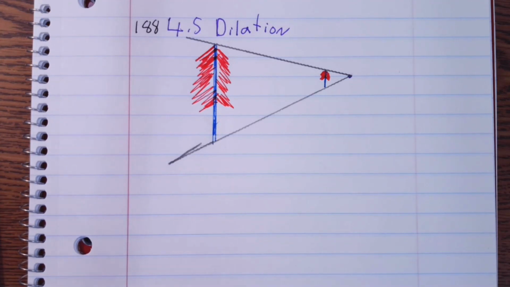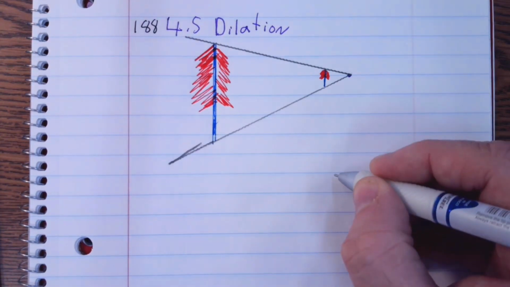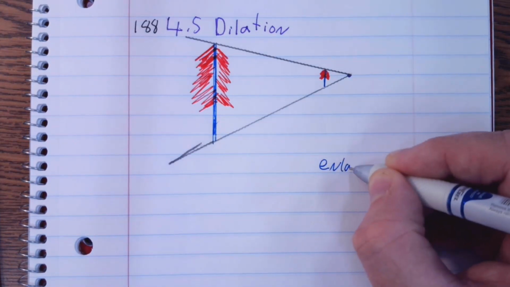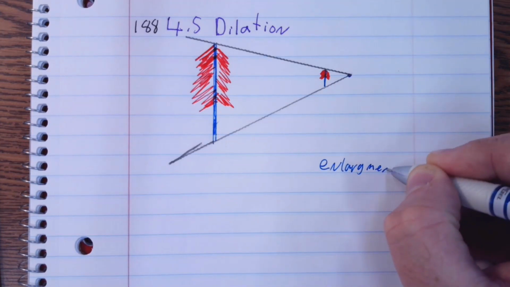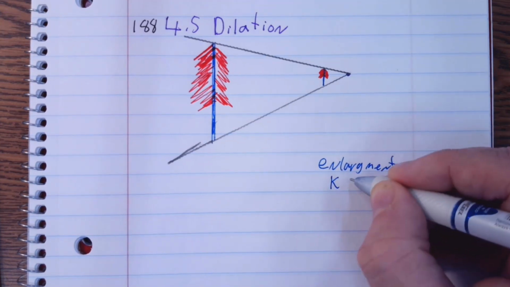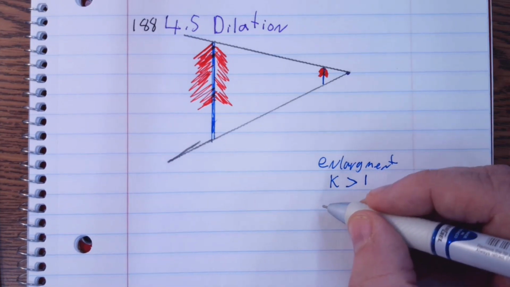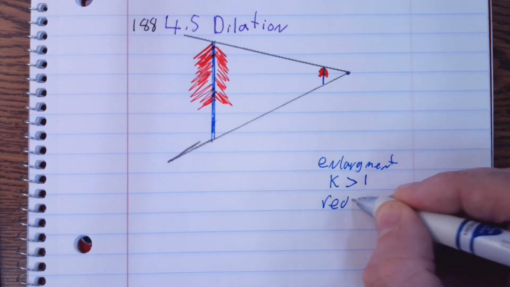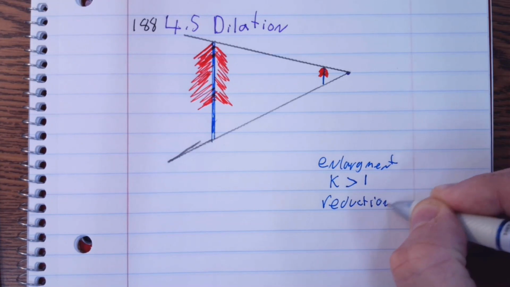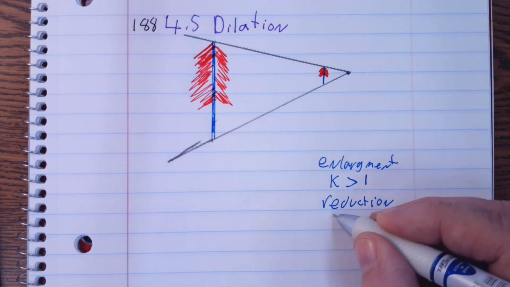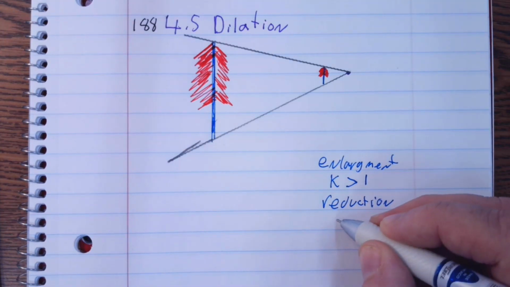And so what we need to know is enlargement: K is going to be greater than 1. And reduction: well, K can't be 0 because then it doesn't exist.